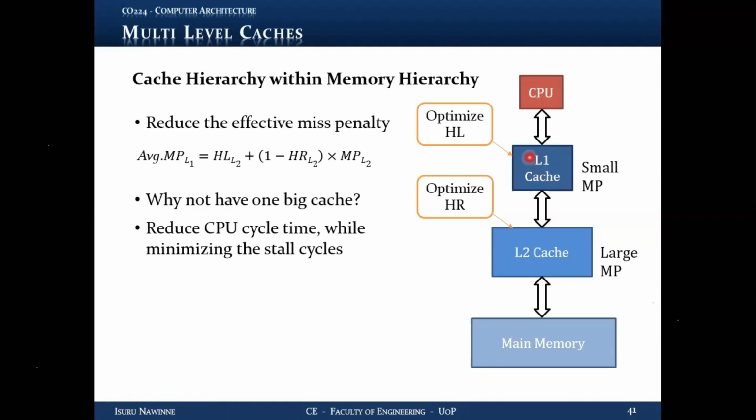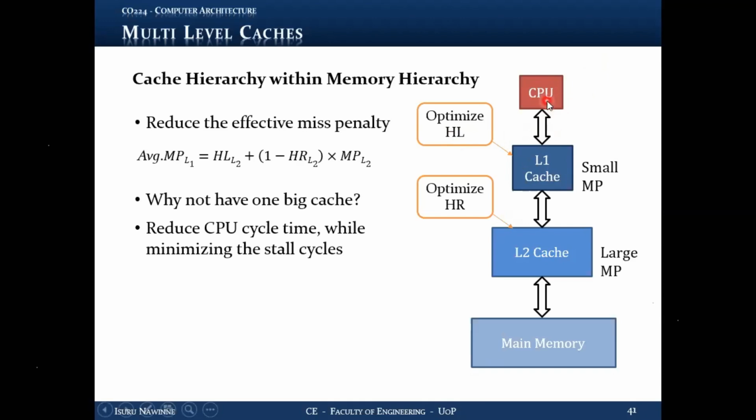And so when you improve the hit latency, you have to compromise the hit rate in the level 1. In the level 1, we can allow a reasonable hit rate, like 95%, with really low hit latency, which allows the CPU clock cycle to be reduced.